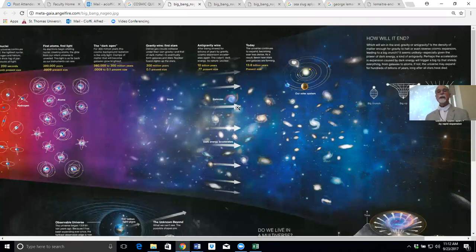Galaxies, what happens is here, as this author says, gravity starts winning. Gravity starts winning in the sense that matter is attracting more matter. That's the gravitational force, right? It's a pulling force in.